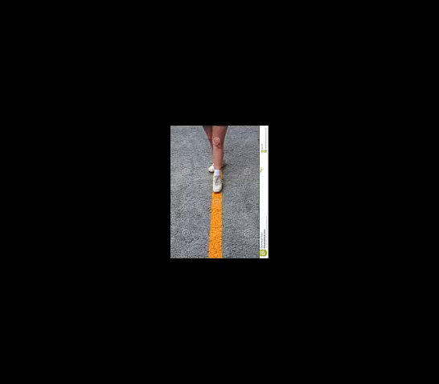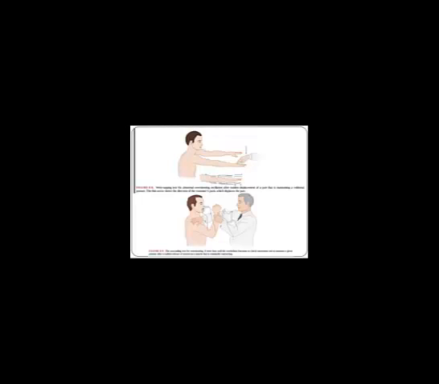The second part, which is examination of balance, we examine it by asking the patient to walk on a straight line and watch his gait. The third part of examination of the cerebellar dysfunction is the examination of tone. Examination of tone is usually illustrated by a sign called rebound sign.